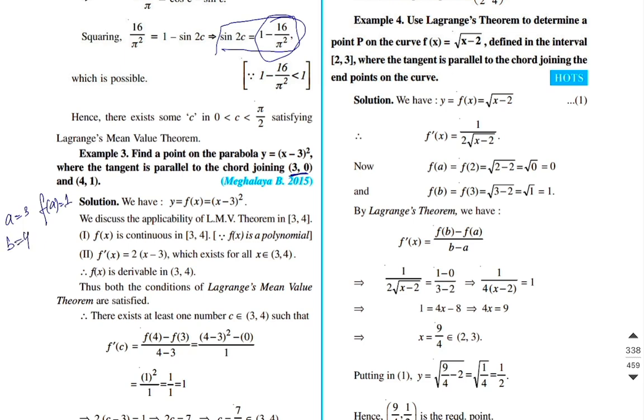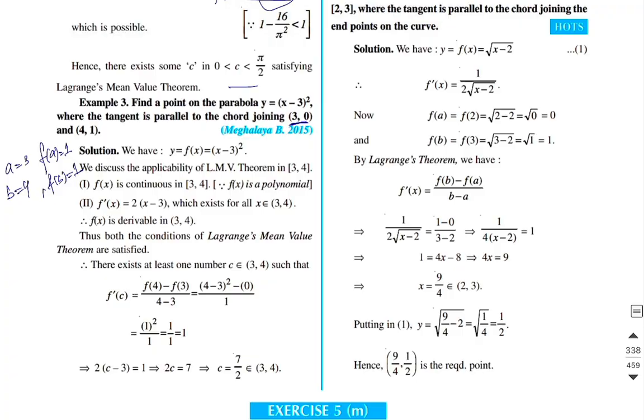The slope of the chord is 1, so the derivative should be 1. It is easy to calculate.